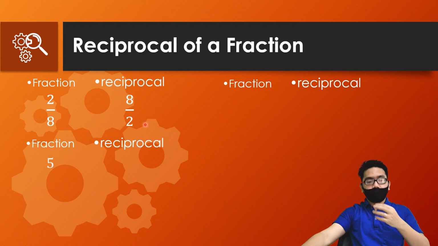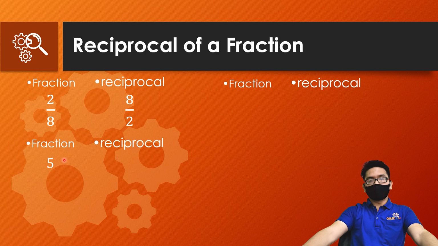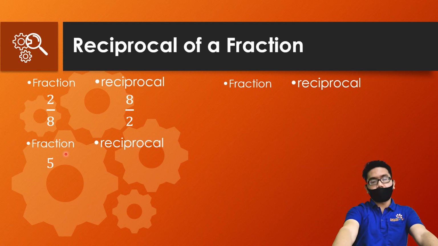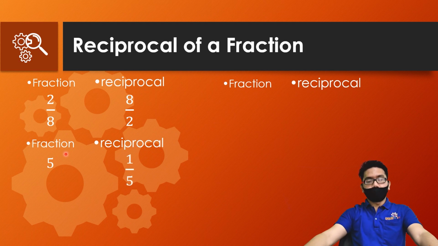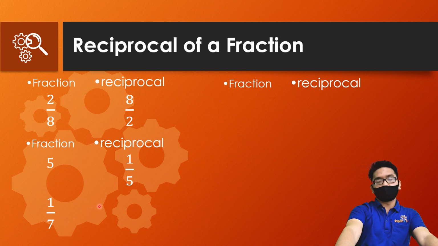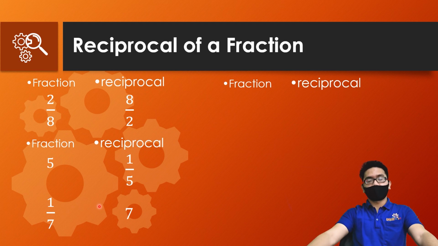What if the given number is 5? We all know that all whole numbers are divided by 1, so 5 means 5 over 1. The reciprocal of 5 is 1 over 5. How about 1 over 7? The reciprocal of 1 over 7 is 7.